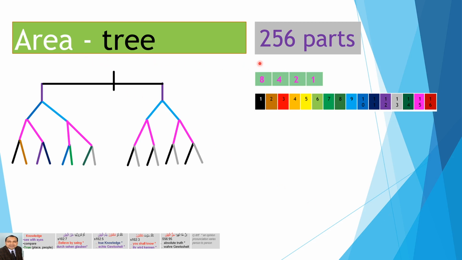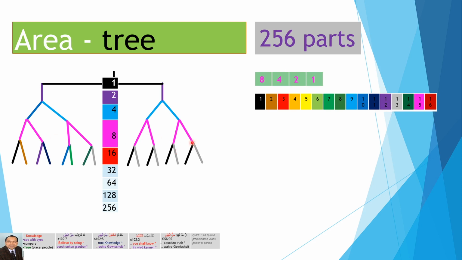Area tree, 256 parts. So starts from here, you have two parts, and then each part is divided into two parts, 2 and 2, 4, and each is again divided 1, 2, 1, 2. So 2, 4, 6, and 8.